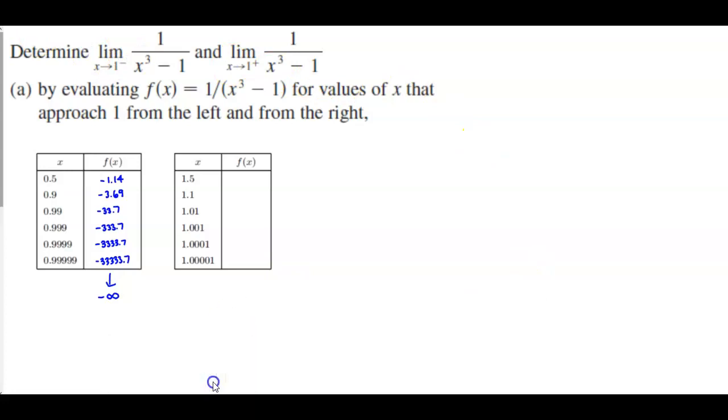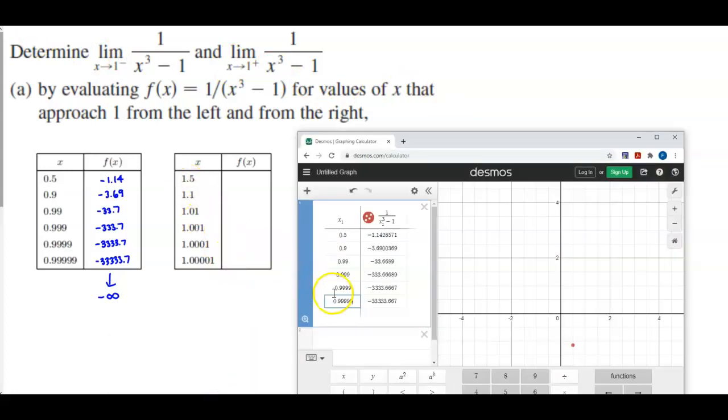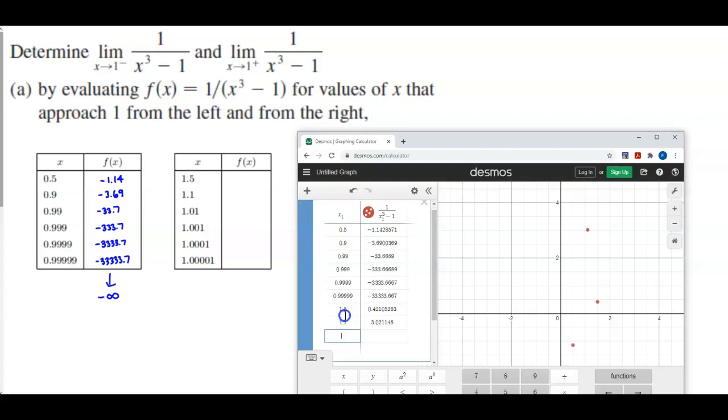So now let's go ahead and put in the values that approach 1 from the right. So we have 1.5 gives us 0.42, 1.1, 1.01, 1.001, 1.0001, and then 1.00001.